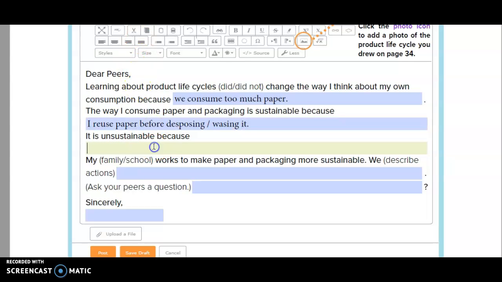It is sustainable because I waste it separately in, for example, green trash bins.